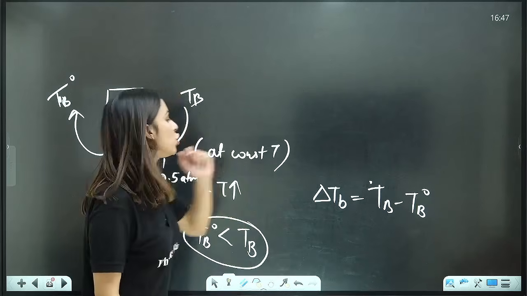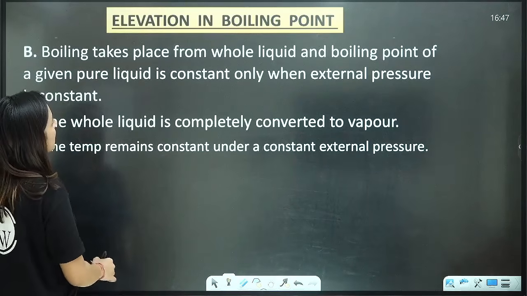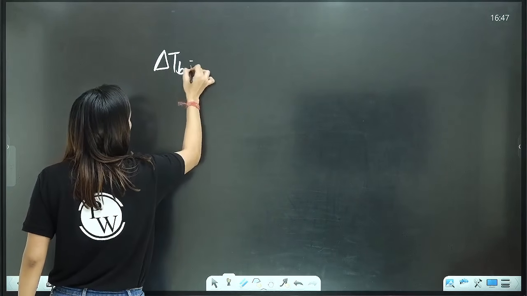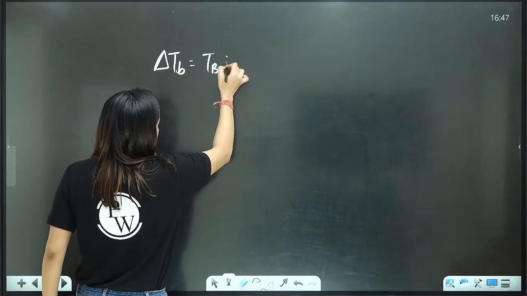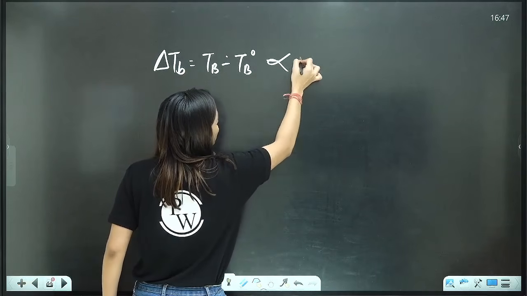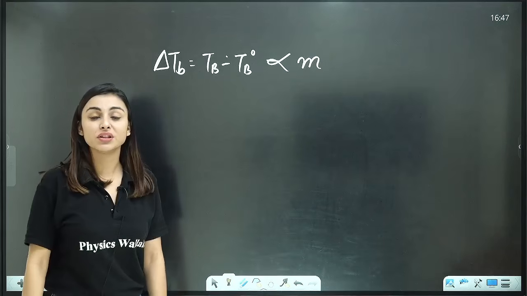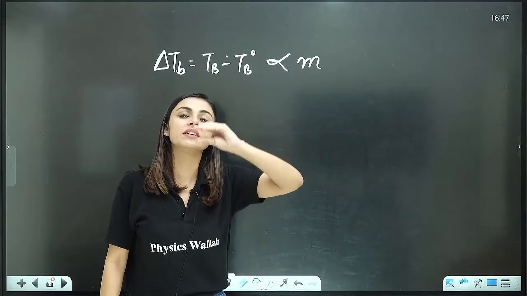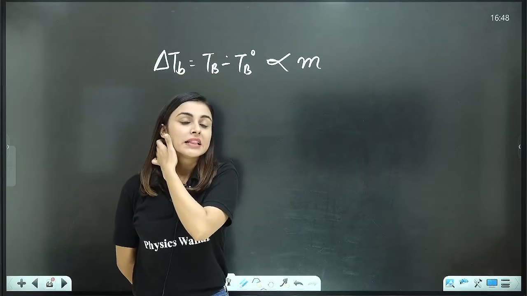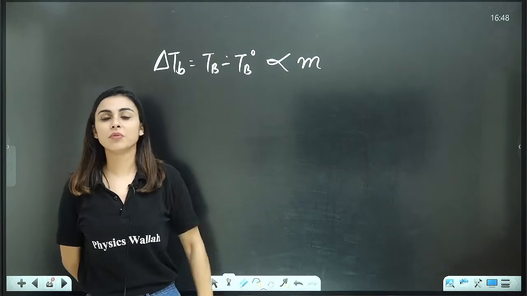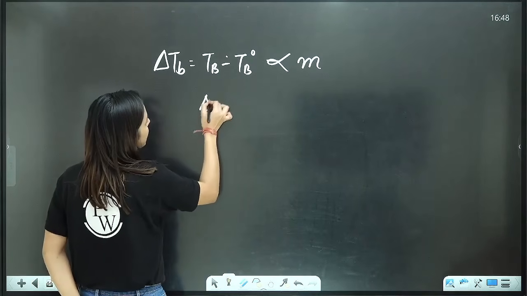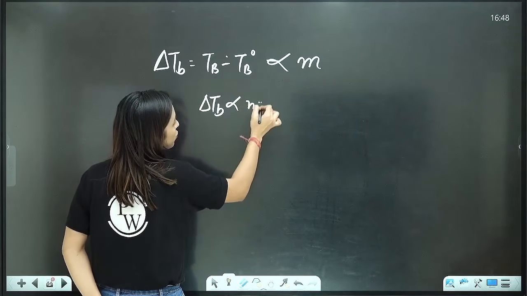So we say that delta TB, which is equal to TB minus TB naught, is directly proportional to the molality of the solution, that is moles of solute divided by the mass of solvent in kg. And this is experimental, that they used the molality term for the expression. So delta TB is directly proportional to molality.